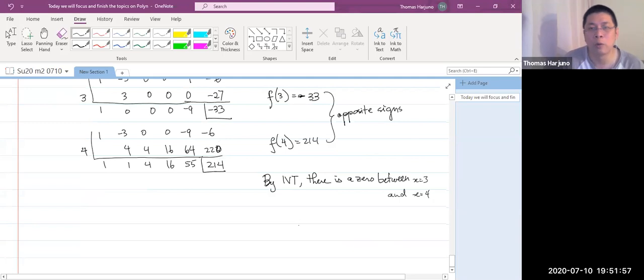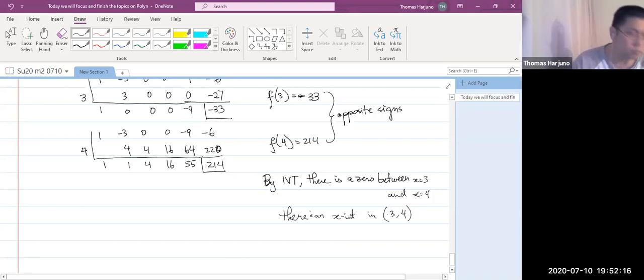Now, to be more precise, maybe I say that there is an x-intercept in the interval (3, 4). Okay, there's an x-intercept in interval (3, 4). Now let's go on further.